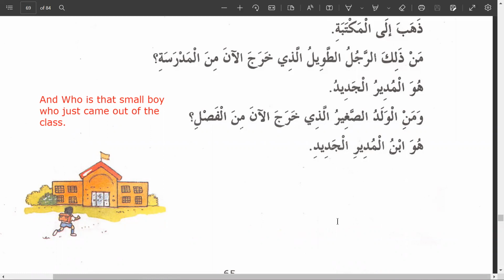Okay. Tell me what fragment do you see here? Huwa and Ibnu, are they related? No. Okay. What about Ibnul Mudiri?